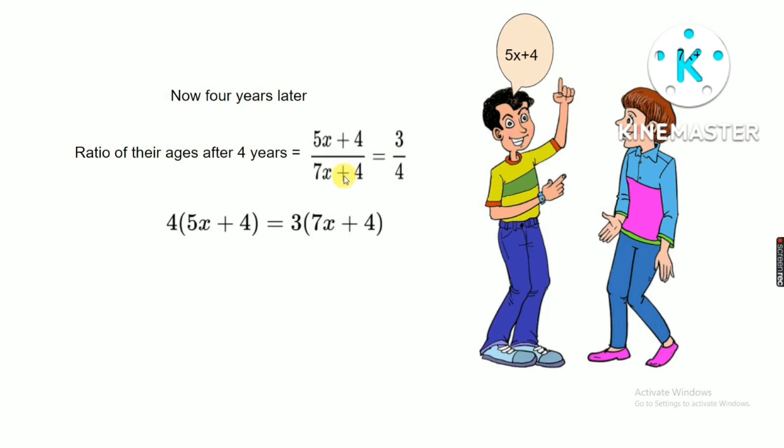We would multiply 4 with 5x plus 4 and 7x plus 4 would be transposed to the other side and multiplied with 3. So we got 4 multiplied by 5x plus 4 is equal to 3 multiplied by 7x plus 4. Here we cross multiplied the two terms.